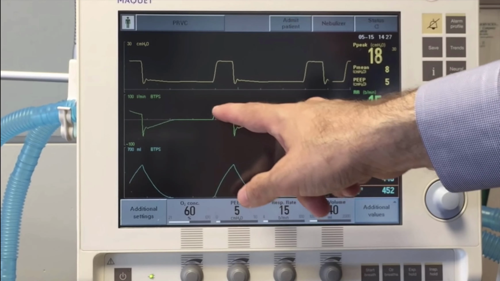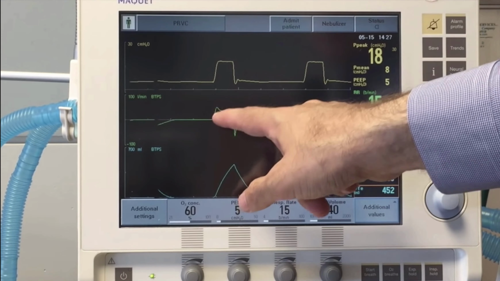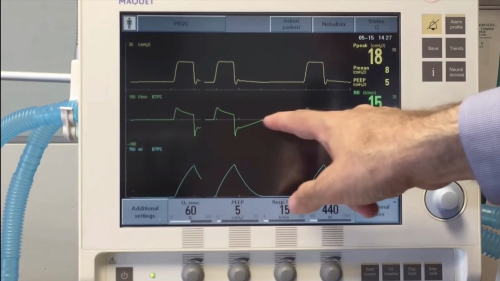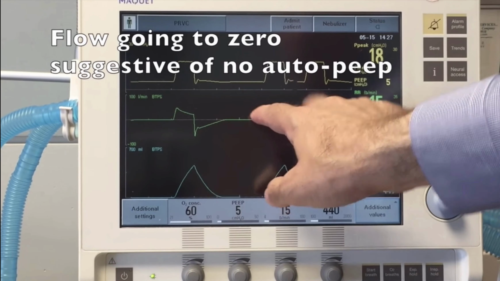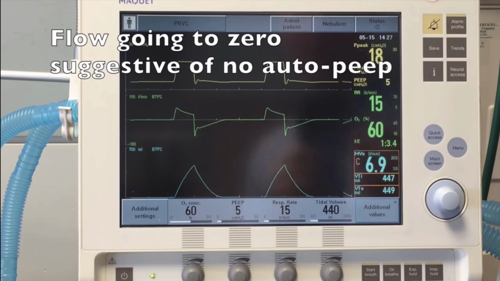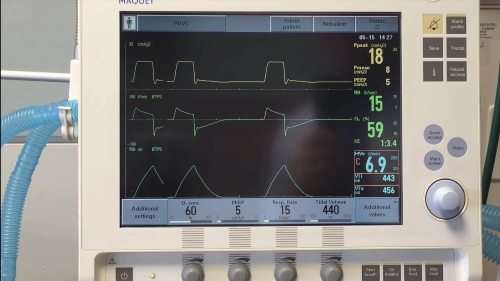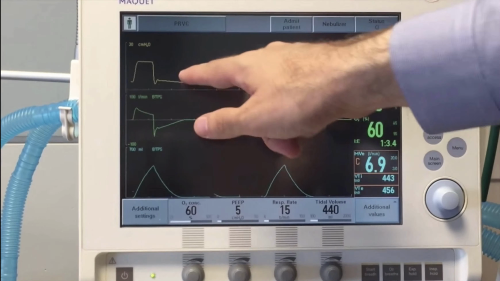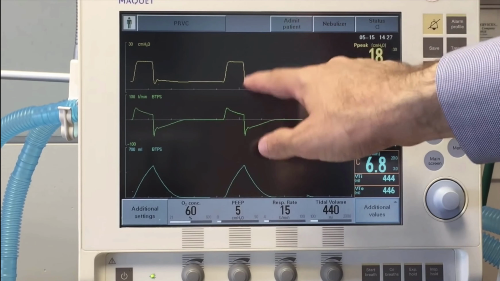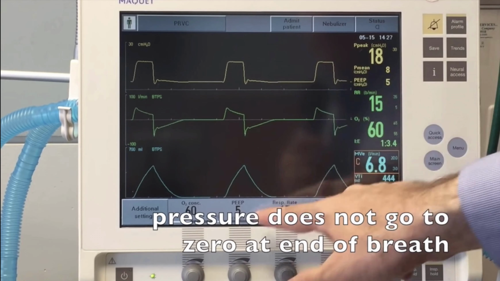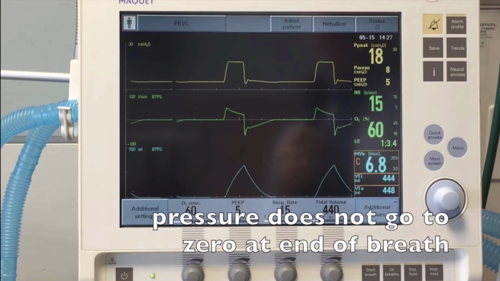The green here shows that with each breath, during inspiration it's positive, and during exhalation it's negative. And it's important that you see that it goes back down to 0, indicating that we don't feel there's any obvious auto-PEEP. That's an important issue. And this is the pressure scalar, showing that the pressure goes up, and although it does go back down quickly during exhalation, because the PEEP is set at 5, it doesn't go back to 0.